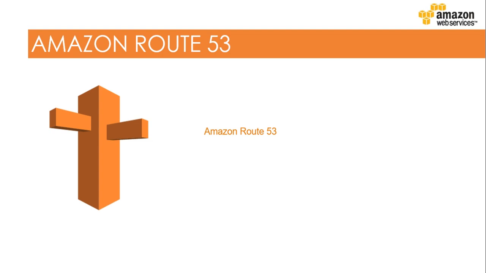The next service is Route 53. Amazon Route 53 is a highly available and scalable cloud Domain Name System (DNS) web service. It is designed to give developers and businesses an extremely reliable and cost-effective way to route end users to internet applications by translating names like www.example.com into the numeric IP addresses like 10.0.2.1 that computers use to connect to each other.